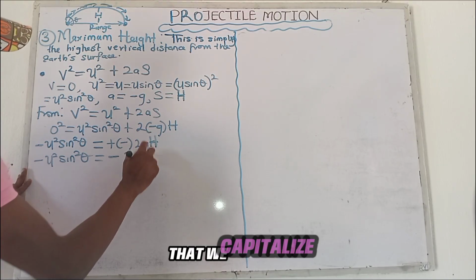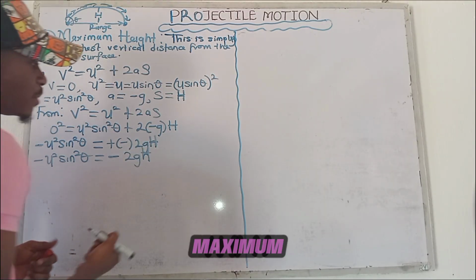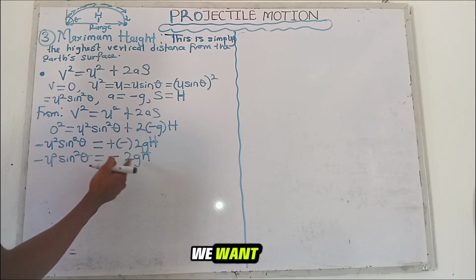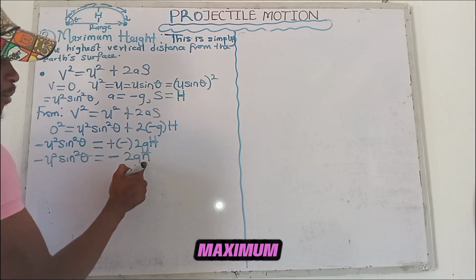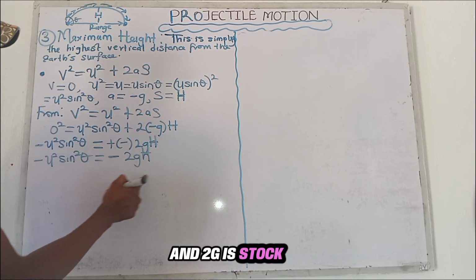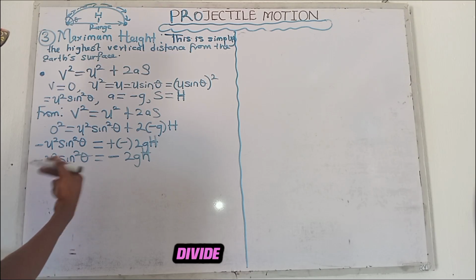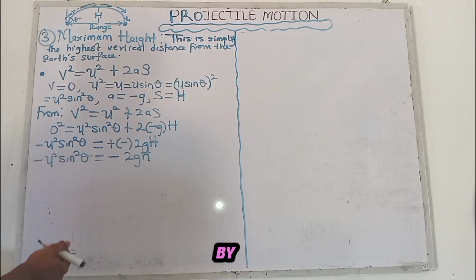And it's important that we capitalize the H because we are looking for the maximum height. We want a formula for maximum height, and 2g is stuck to maximum height, so we want to divide both sides by 2g.